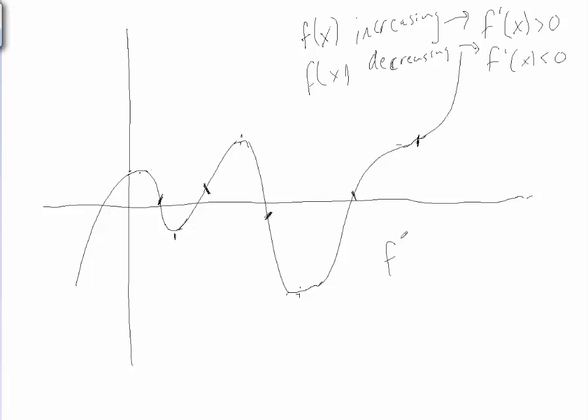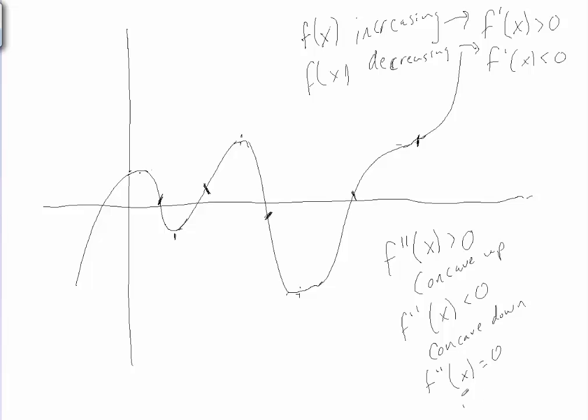So where the second derivative is greater than 0, that tells us concave up. We would have second derivative less than 0 where the graph is concave down, and where the second derivative equals 0 is where we would have inflection points.